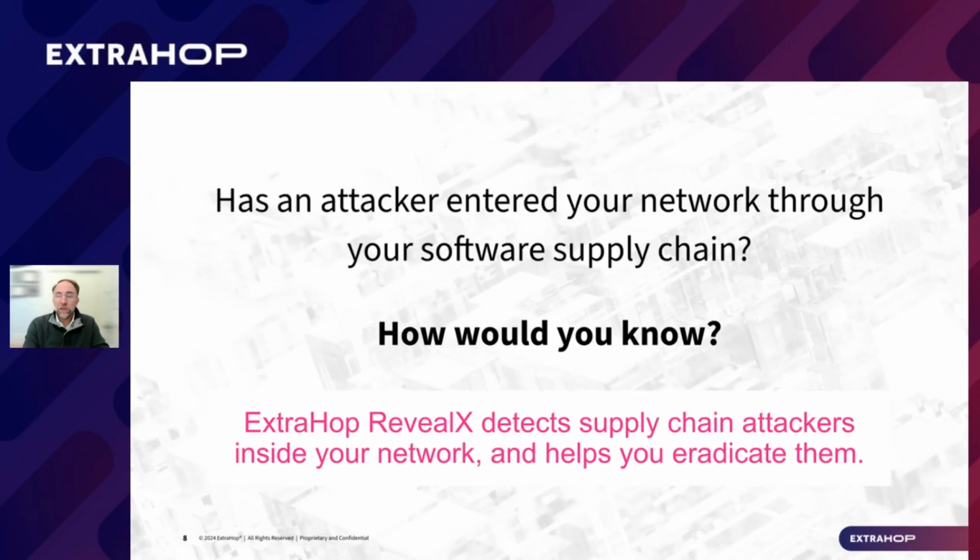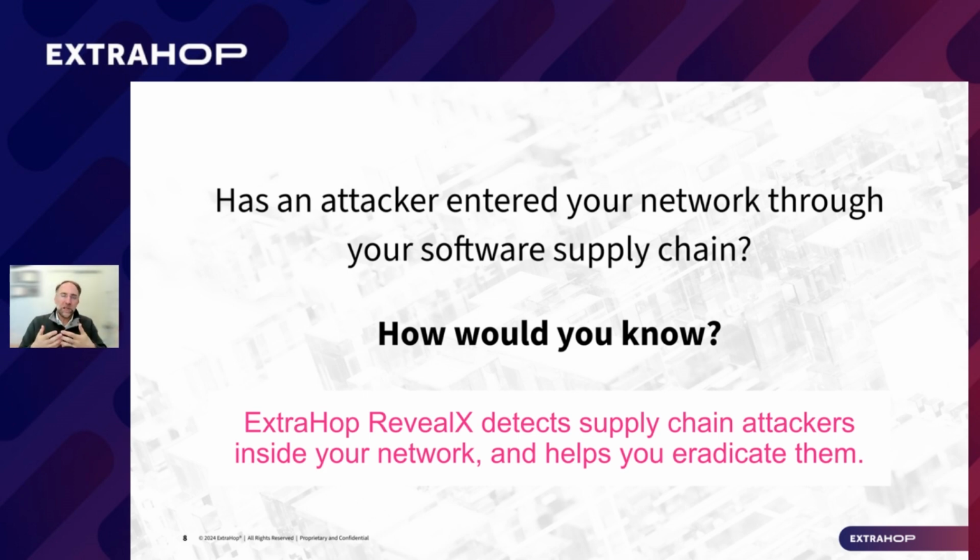So when you have that level of visibility, how can you secure your workloads? How can you protect against software supply chain attacks? That's the question. The question is, how would you know? So let's revisit that question.